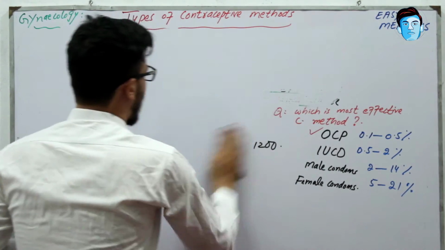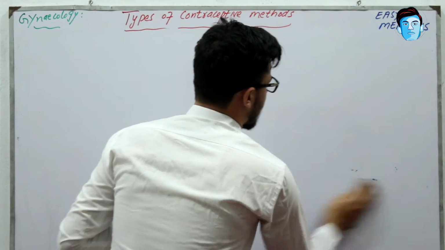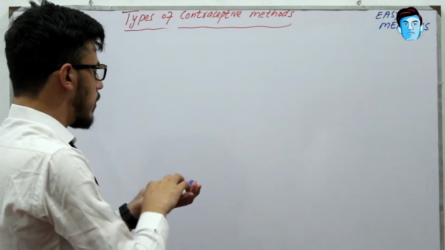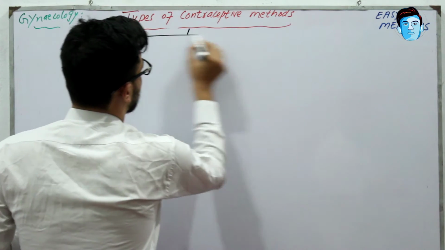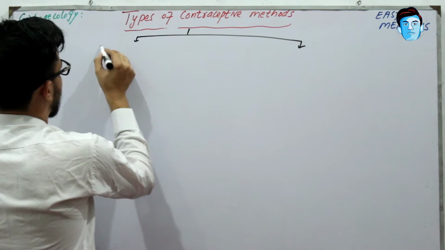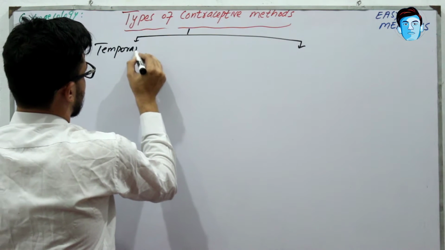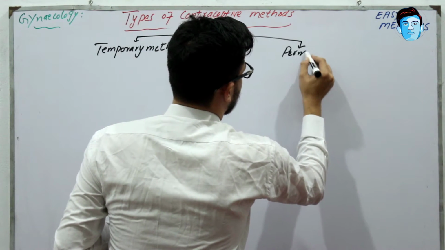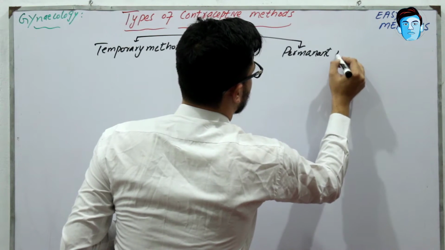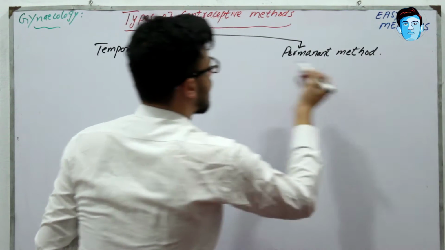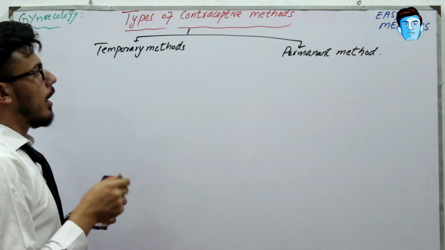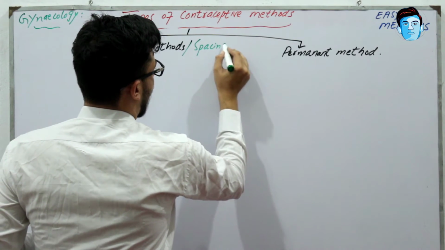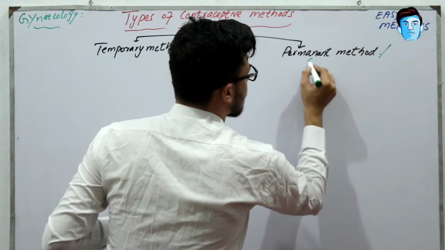There are two types: a temporary method of contraception and a permanent method of contraception. The temporary method is also called spacing, while the permanent method is also called sterilization.